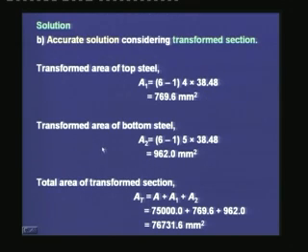Similarly, we can calculate the transformed area of the bottom steel, and then the total area of the transformed section is equal to the area of the gross section plus the equivalent areas corresponding to the two levels of prestressing steel. Note that the transformed area is larger than the original area of 75,000 millimeter square.